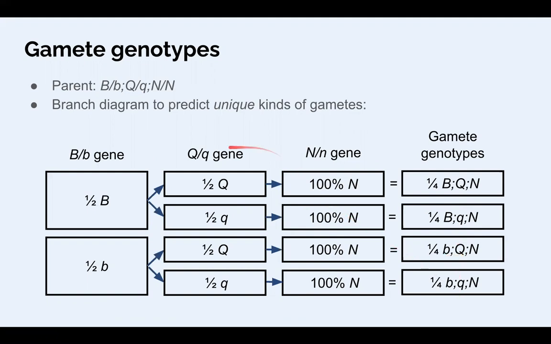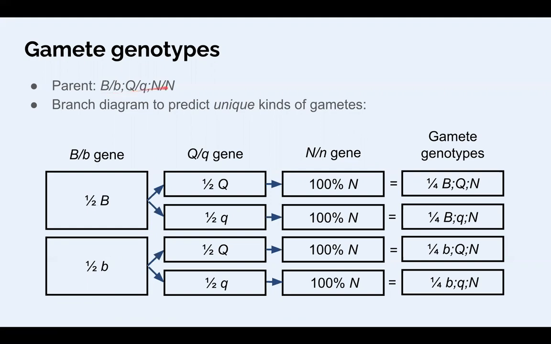Kind of glossed over what was shown on the previous slide. There's a way to write the genotypes that's a little more technical. We're going to use this in some contexts where we combine these with a slash between alleles of the same gene and a semicolon separating one gene from the next gene. So this is the diploid genotype of the parent, big B slash little b, semicolon, big Q slash little q, semicolon, big N slash little n.